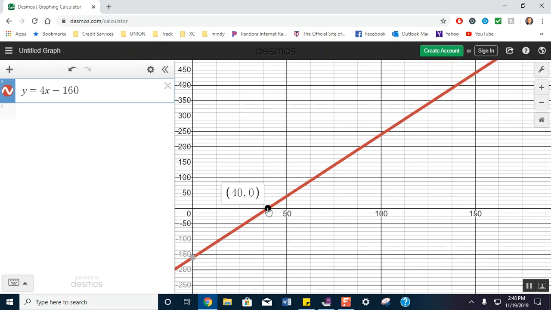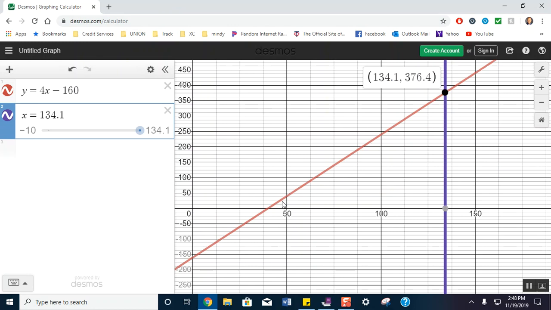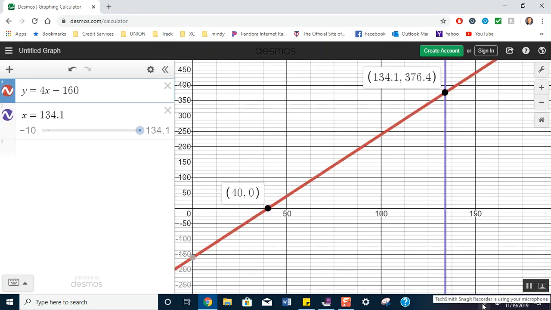134.1, is that right? Okay, so here's what I'm going to go ahead and do. I'm going to go ahead and put a vertical line in at 134.1. So watch what I do here. I'm going to type in x equal 134.1, and I'm going to find my intersection. We're basically going from this point to this point.